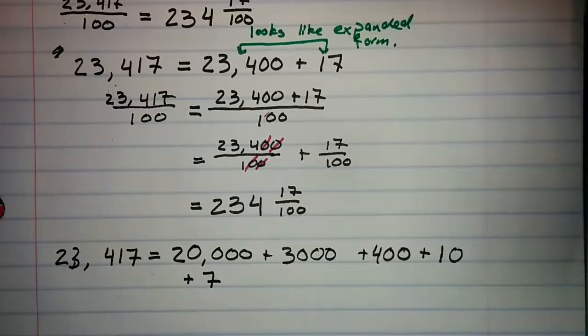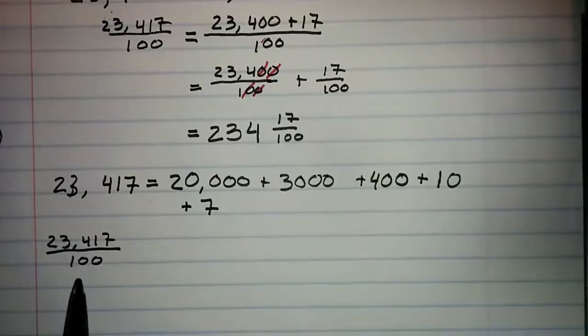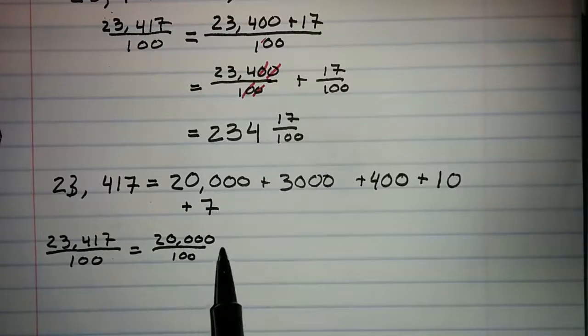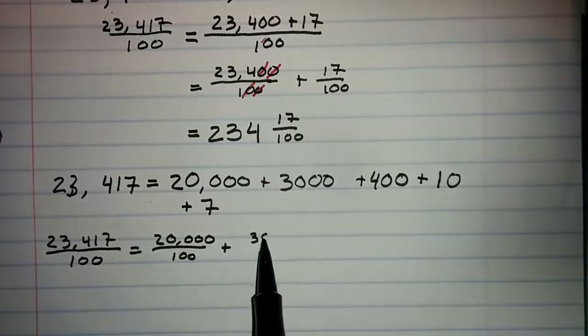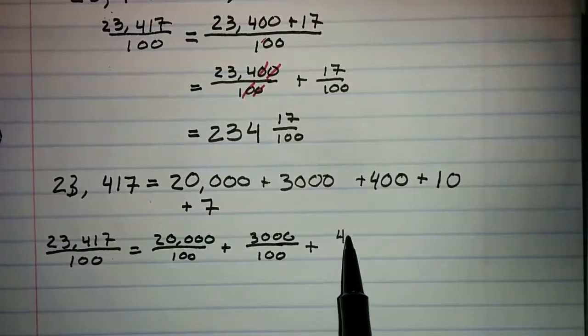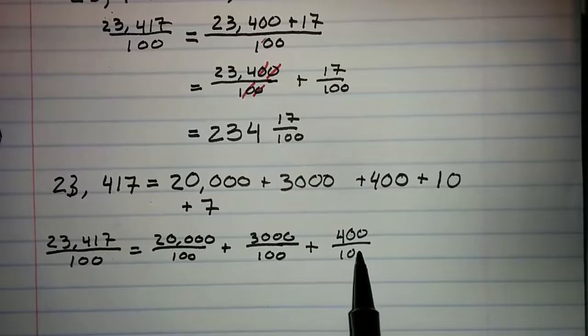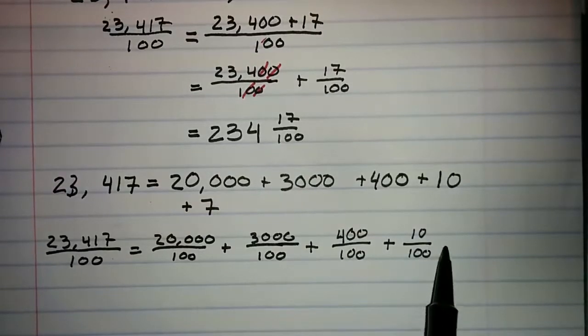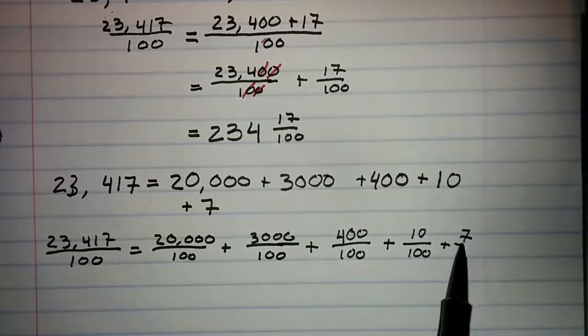So this fraction then, 23,417 1/100ths, is 20,000 1/100ths plus 3,000 1/100ths plus 400 1/100ths plus 10 1/100ths plus 7 1/100ths.